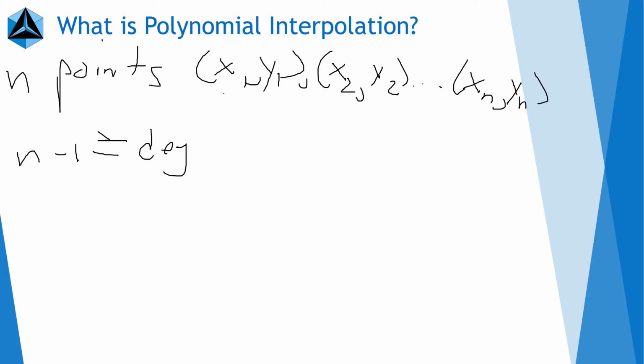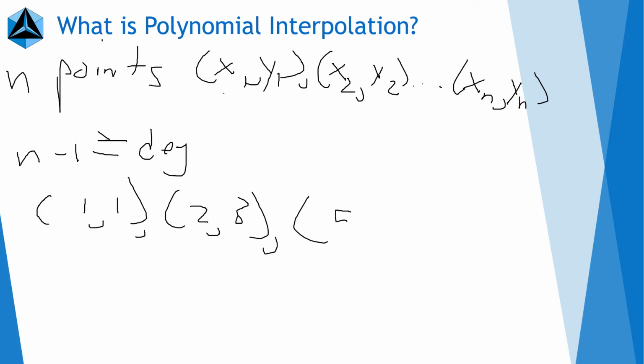As an example, let's say we have the points 1, 1, 2, 3, and 5, 6. These are 3 points, so replace n with 3. Then we want to find a polynomial of degree 2 or less, such that all 3 of these points are on that parabola.